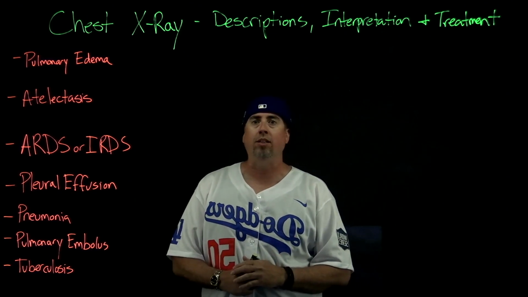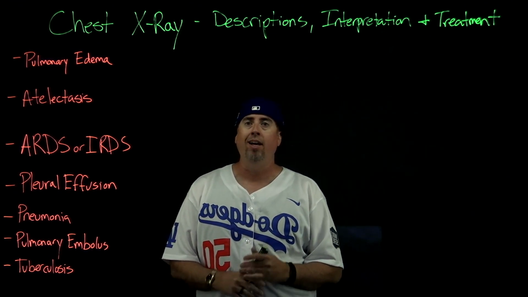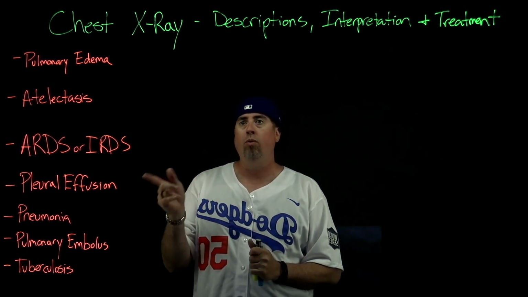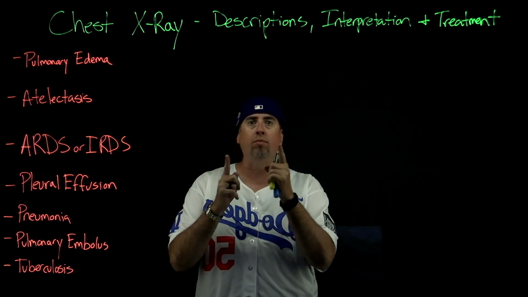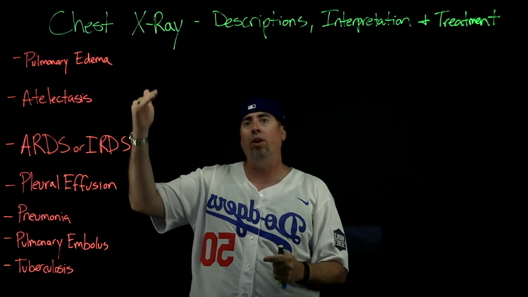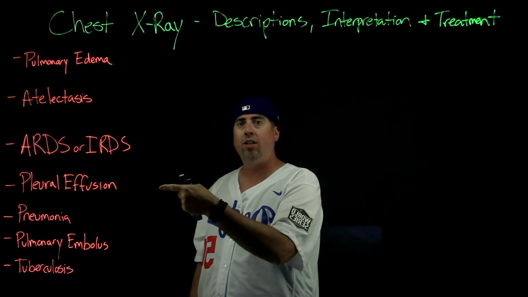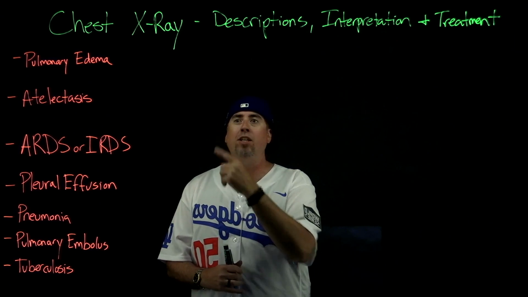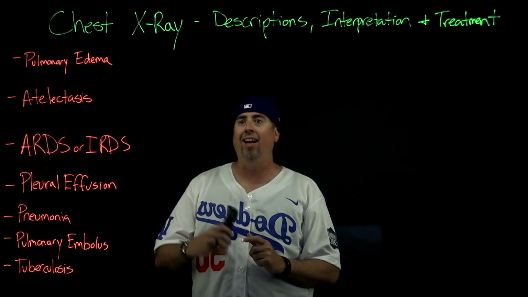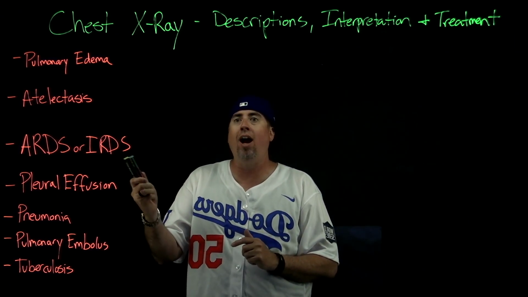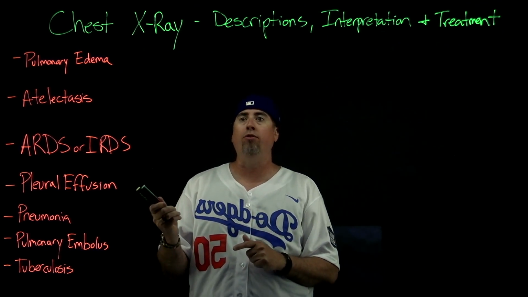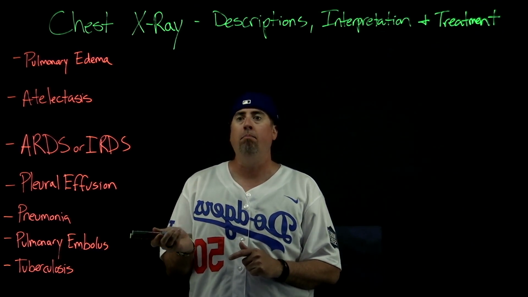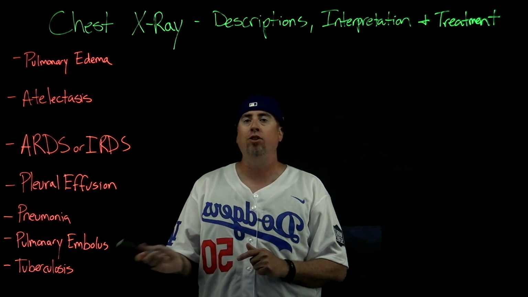We are going to cover chest x-ray descriptions, interpretation, and treatment, staying with the most common in our RT world: pulmonary edema, atelectasis, ARDS or IRDS, pleural effusion, pneumonia, pulmonary embolus, and tuberculosis.